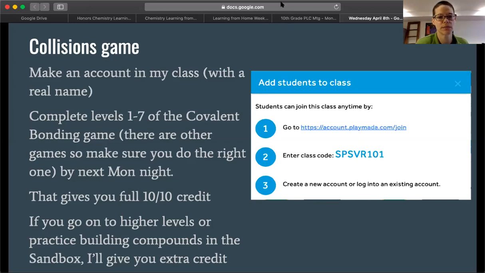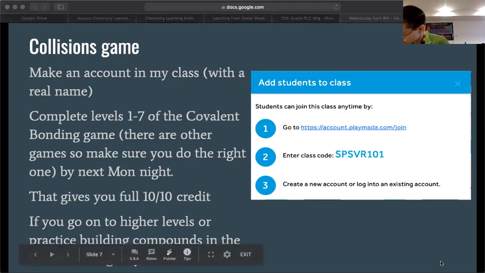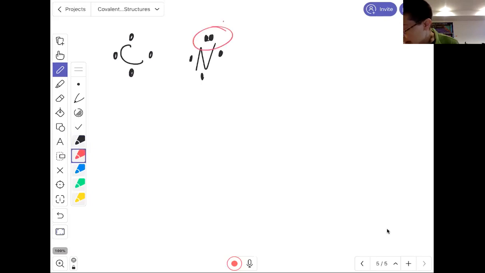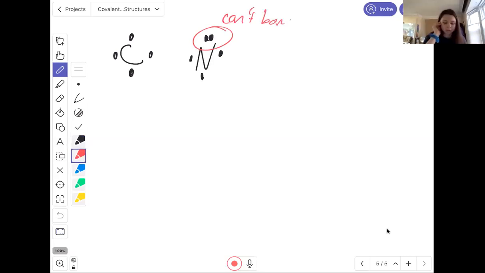So for instance, carbon with these dots can share in all of those spots, but nitrogen with these, you can't bond there. You can only bond where you've got singles.